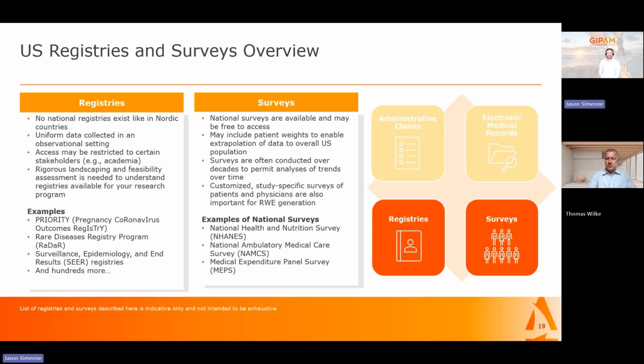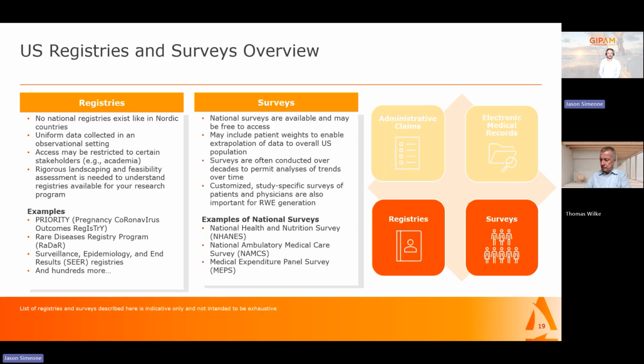These data sources may include patient weights, which are quite nice because that enables you to extrapolate the aggregated data for your analysis to the overall US population. Surveys are often conducted over decades, and that doesn't mean that the same patient is followed over decades in surveys, but that the same survey is administered to different subsets of people in the United States over decades.